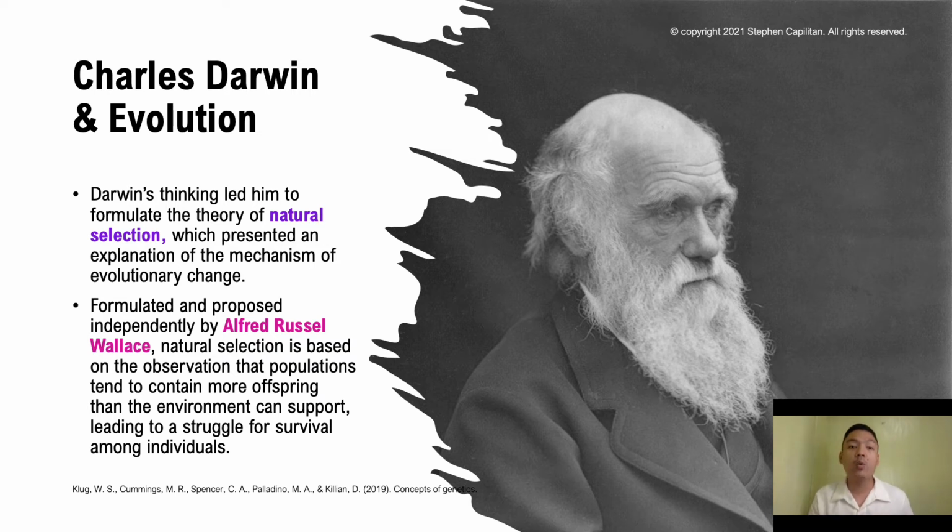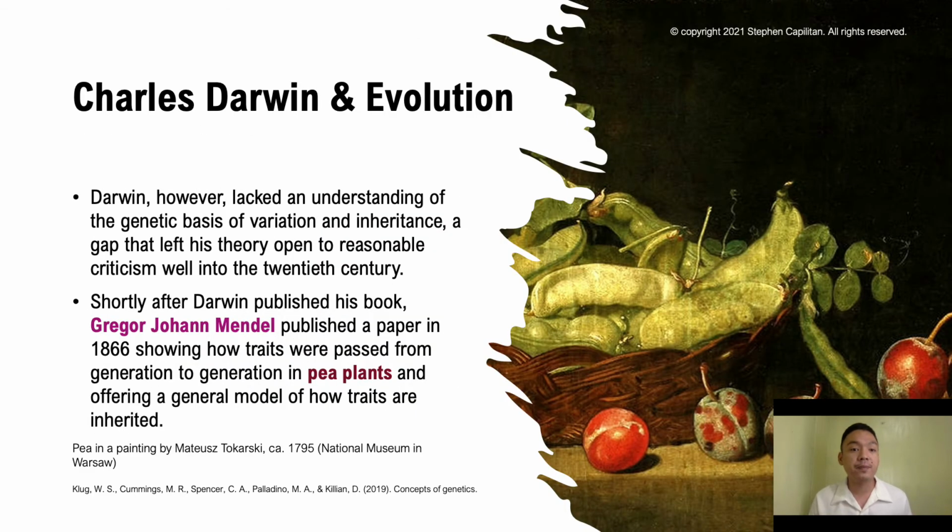And this was the theory, or some part of the theory, from Charles Darwin. Darwin, however, lacked an understanding of the genetic basis of variation and inheritance, and this gap left his theory open to reasonable criticism well into the 20th century.